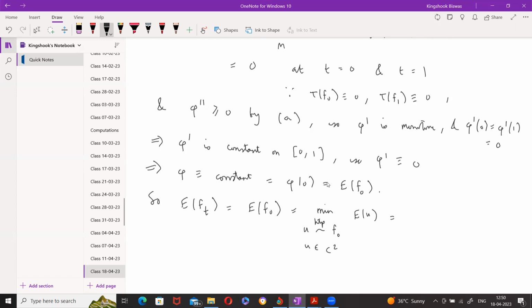So this is the minimum over the homotopy class of Ft. That implies that Ft is harmonic, because it has minimum energy in its homotopy class.